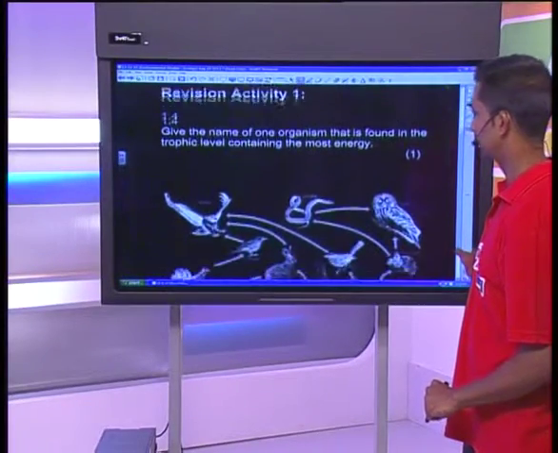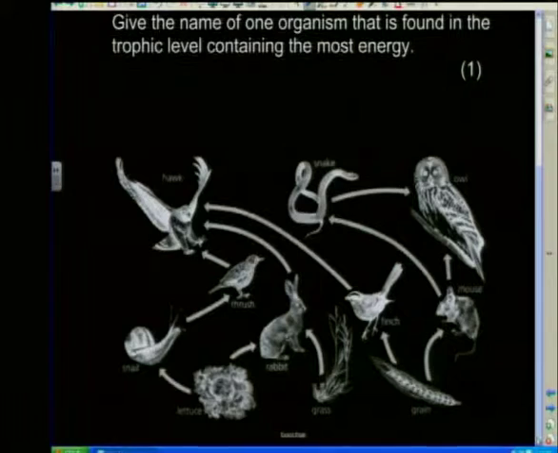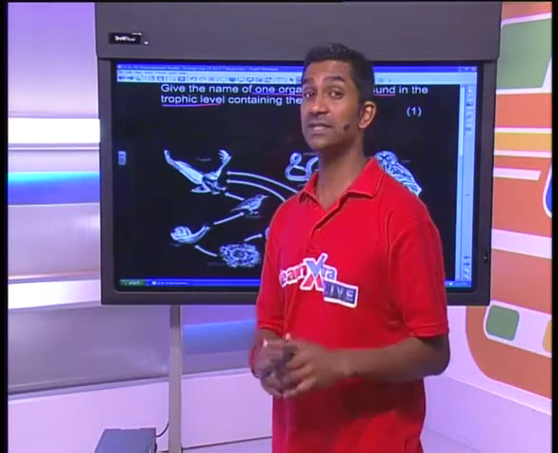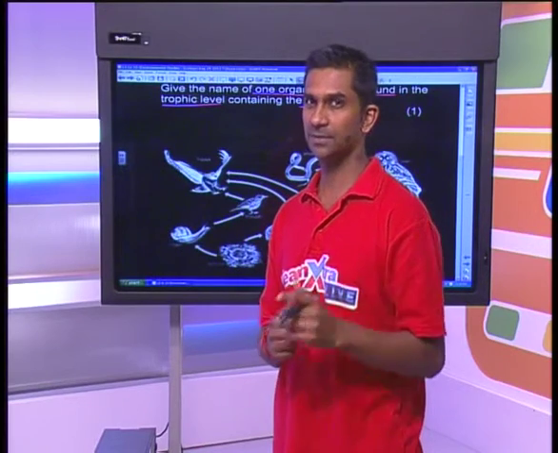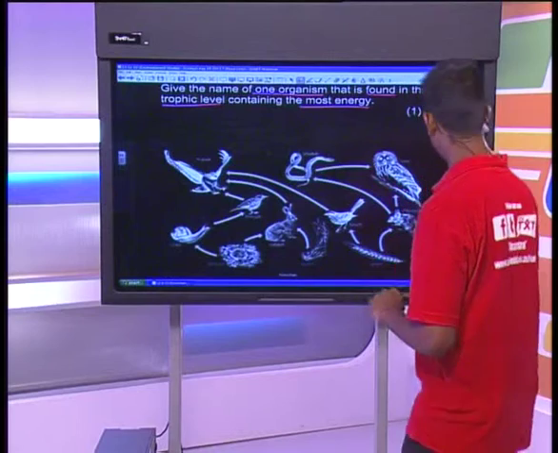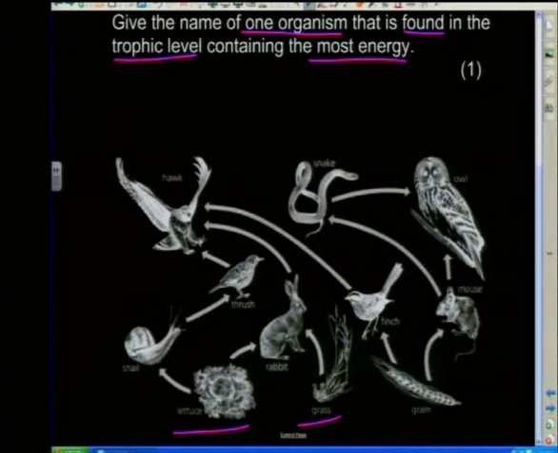Right, so we're referring to the same food web again. Give the name of one organism that is found in the trophic level containing the most energy. So essentially, guys, which would be the level that contains the most energy? Think about this before you answer. Yes, it would be your producers here, your autotrophs.